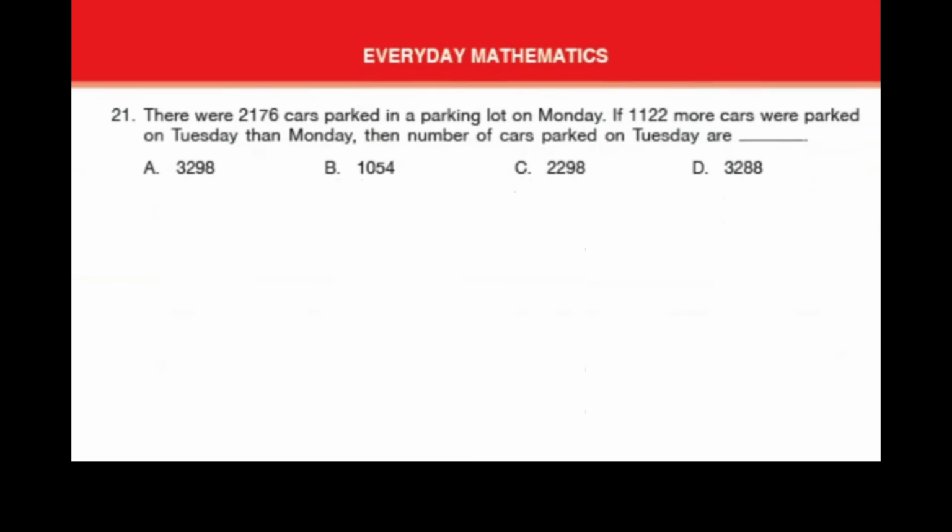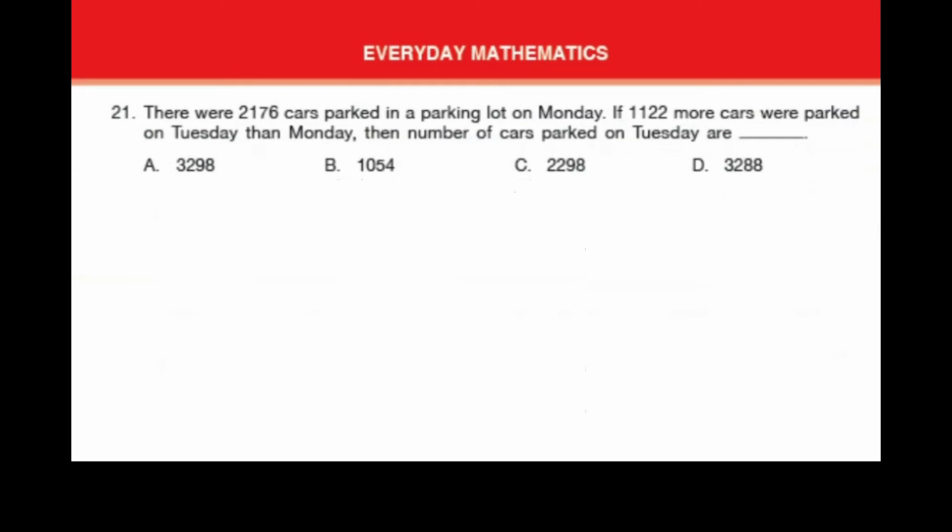Now, we'll be switching to the everyday mathematics starting from question number 21. There were 2,176 cars parked in a parking lot on Monday. So let's start solving the question.